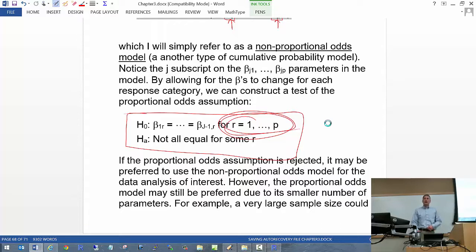So note that if you reject H0, that says, uh-oh, some of these betas are not equal to one another. This proportional odds assumption doesn't look like it holds. If I don't reject H0, that says, okay, at least from this data, I cannot convince myself that the proportional odds assumption was bad.